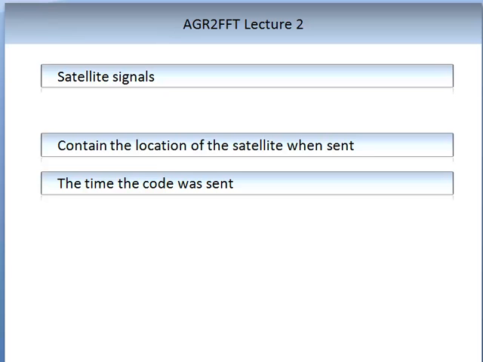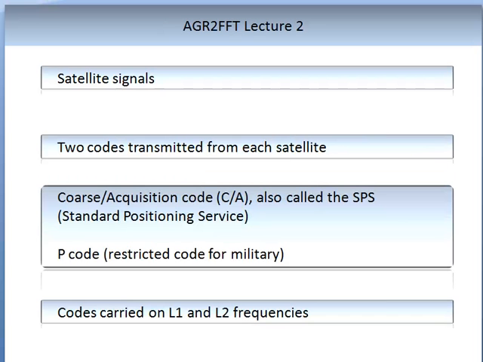The satellite signals send out 2 pieces of information. The first is the location of the satellite when the information was requested or sent, and the second is the time the code was sent at. Satellite signals are transmitted as codes. There are 2 codes that are transmitted from each satellite.